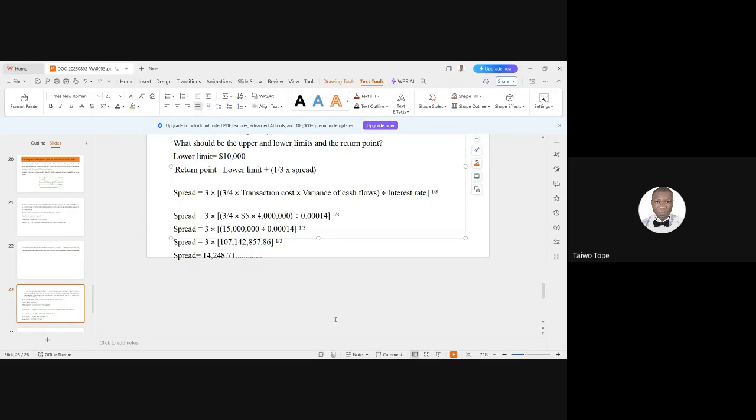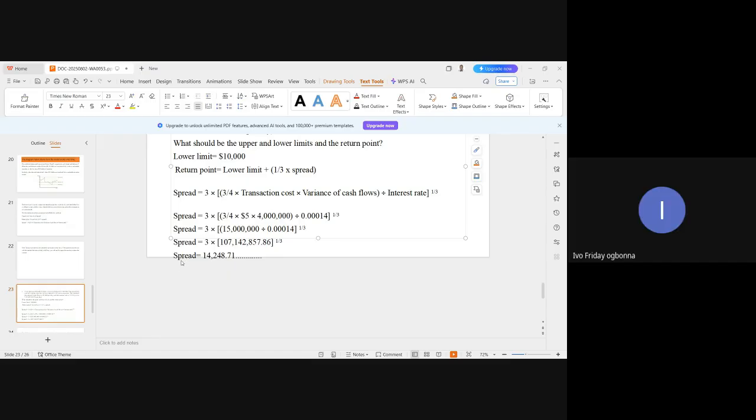Are you getting other figures aside this? $107,142,857.86 to the power of 1/3 multiplied by 3. You're going to have what? I got 107, 142. It's correct, sir. So 14,248.71 is correct.